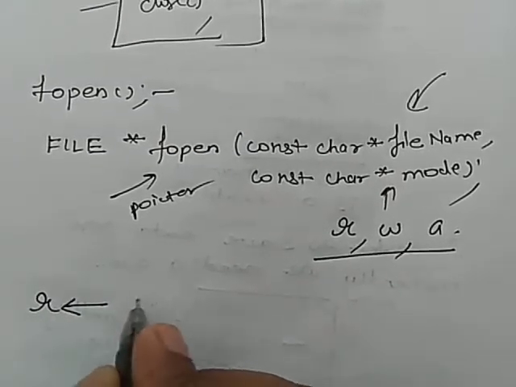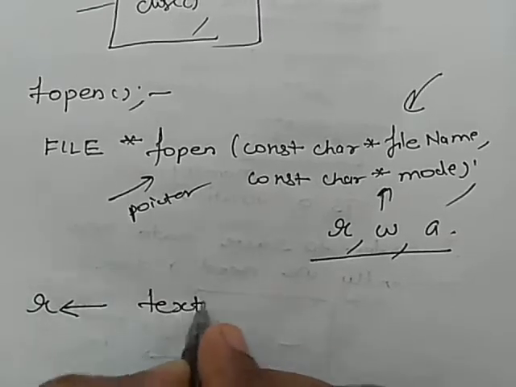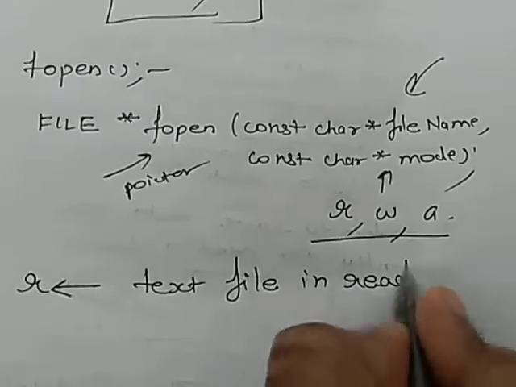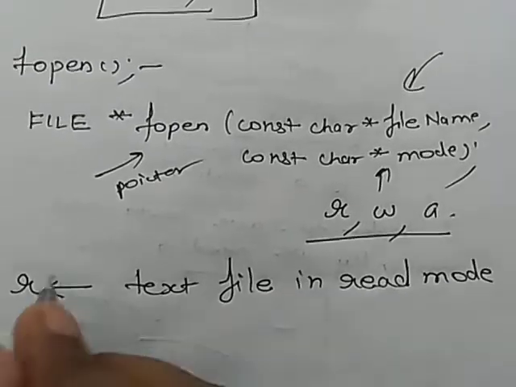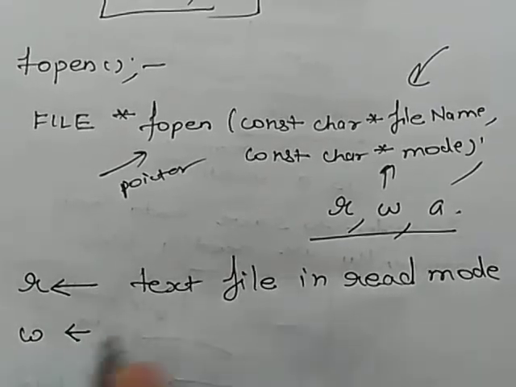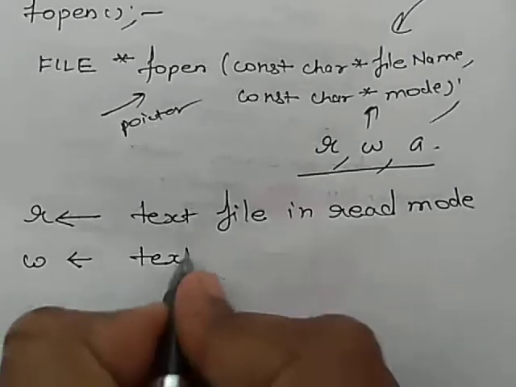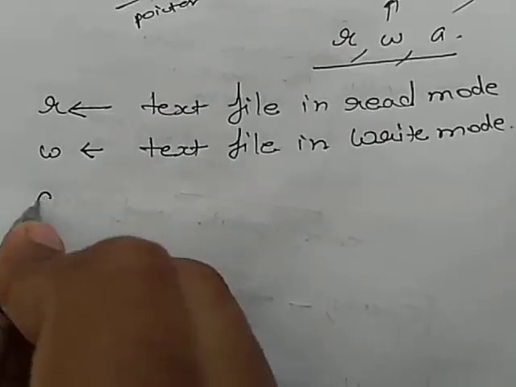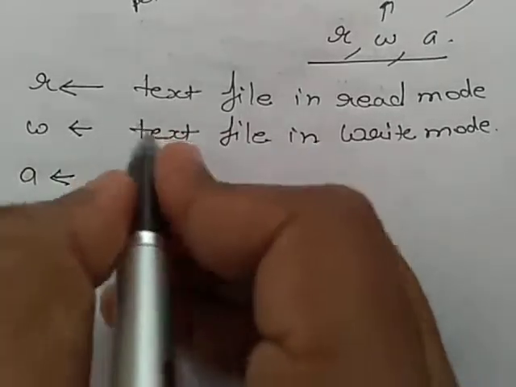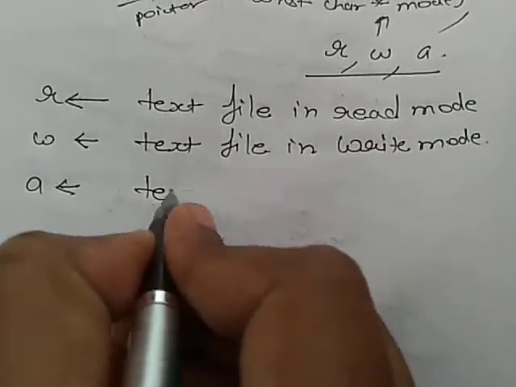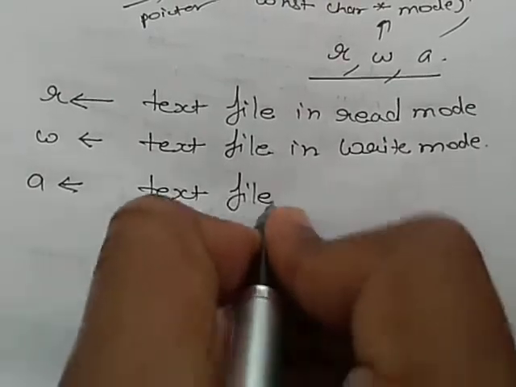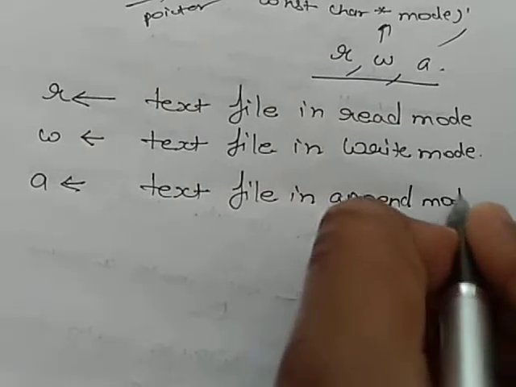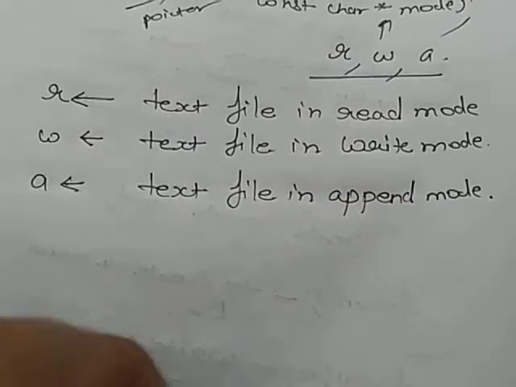With the help of R, we can open a text file in read mode. With the help of W, we can open a text file in write mode. With the help of A, we can open a file in append mode.